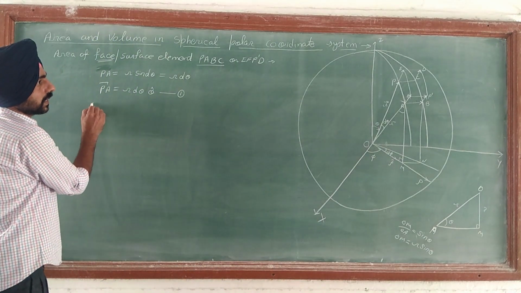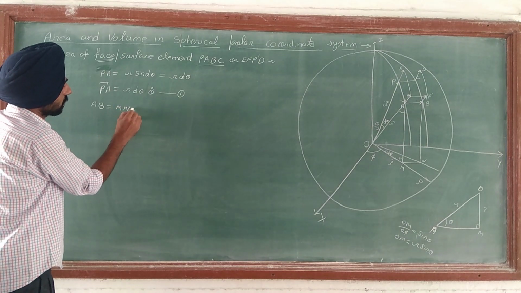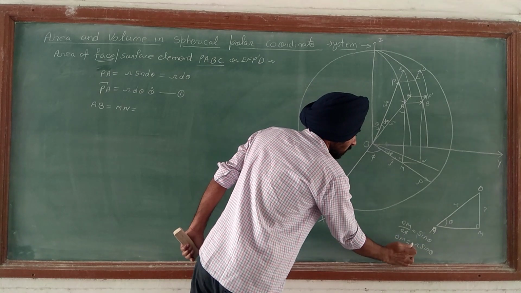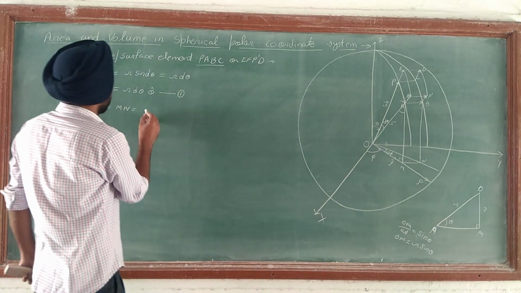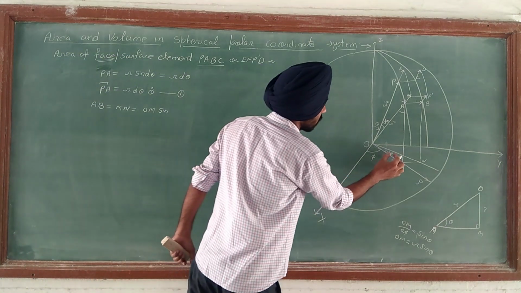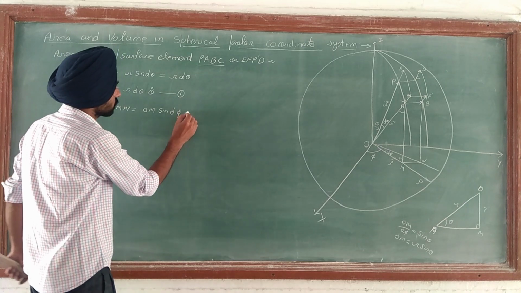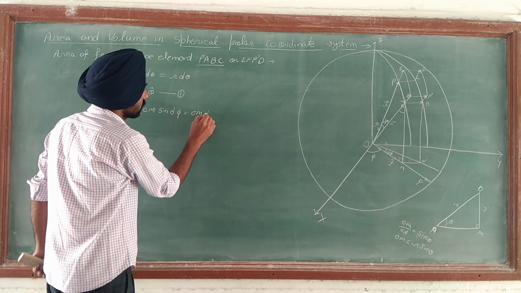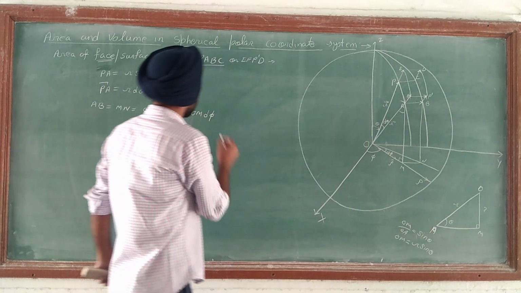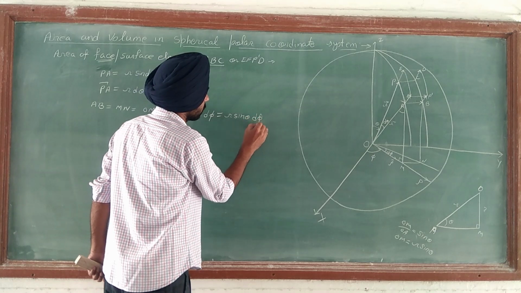So AB equal to MN in terms of magnitude equals OM into sine of this small angle dφ. Since dφ is very small, we can write it as OM dφ. But OM is R sin θ, so it is R sin θ dφ.